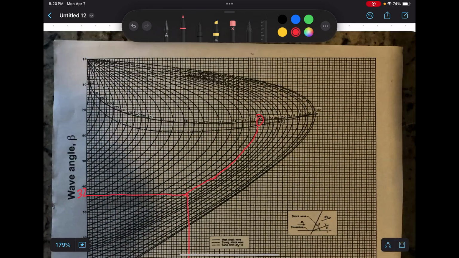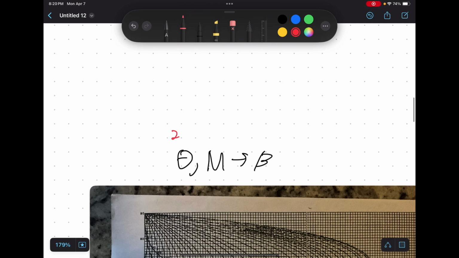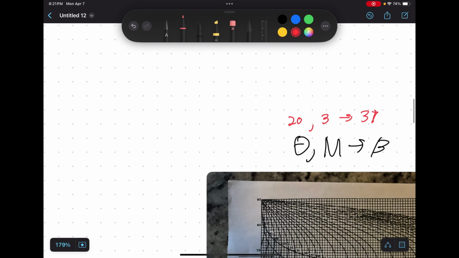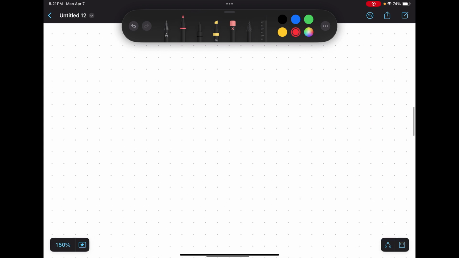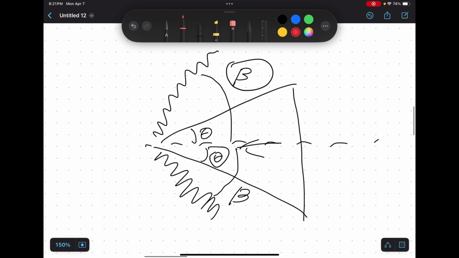So 20 degrees and Mach 3 gives beta equals 37. And it makes sense because you want beta to be more than theta.